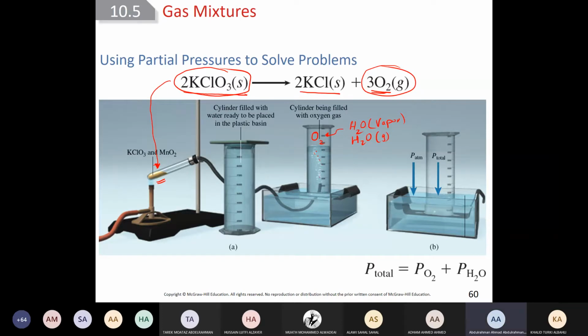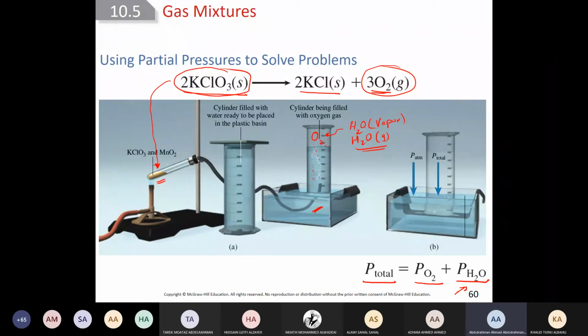From where did we get the water then? From the container, from the water itself. The water will give you some vapor, right? So P total is actually the pressure of O2 plus the pressure of vapor, H2O. This vapor comes from the water itself, from the container.